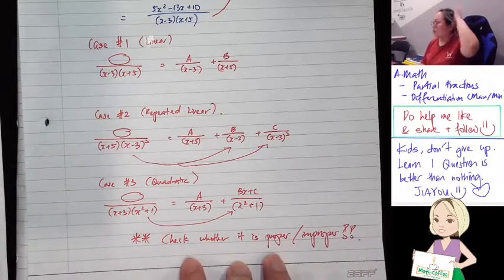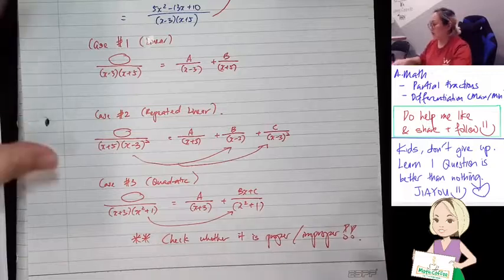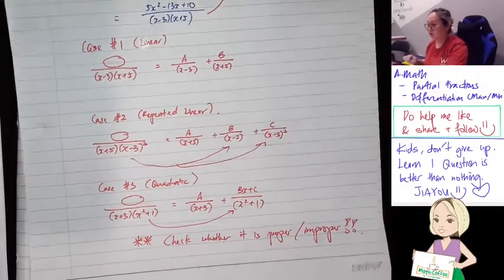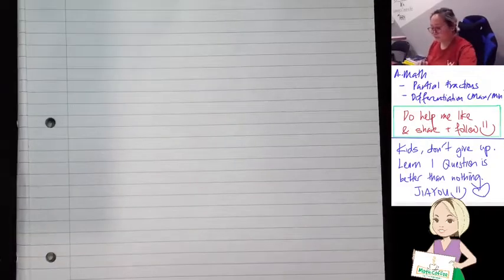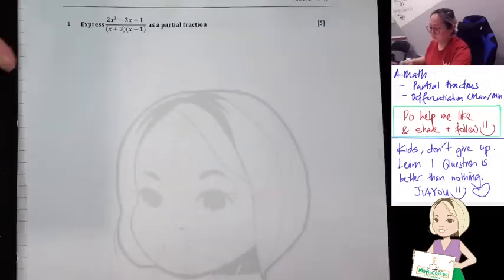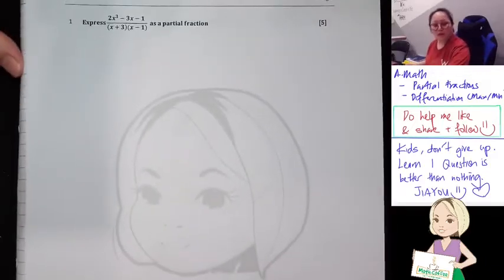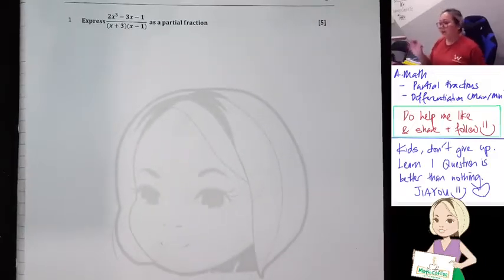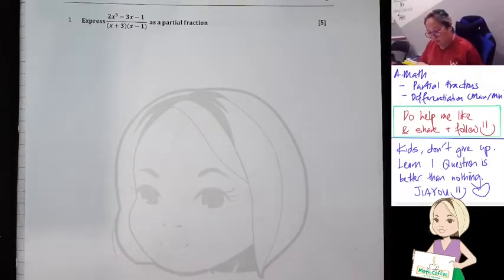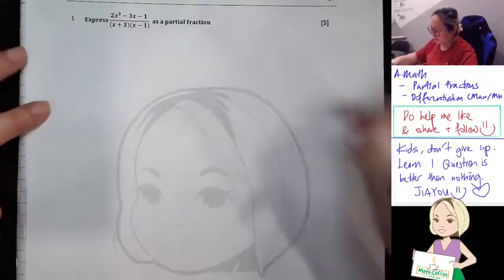Okay, so now let's go back. Let's start a question and then we will learn along the way. Every time they say express blah blah blah as partial fractions, you need to ask yourself whether it is proper or improper.